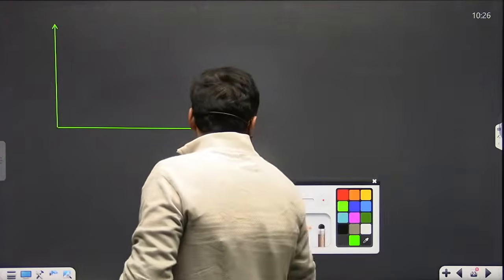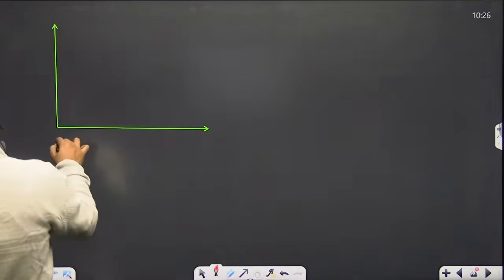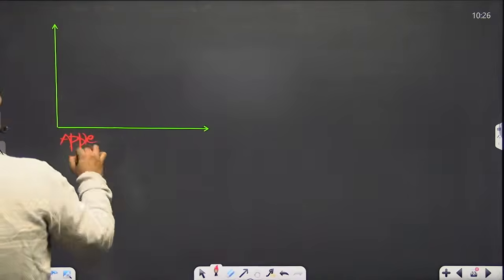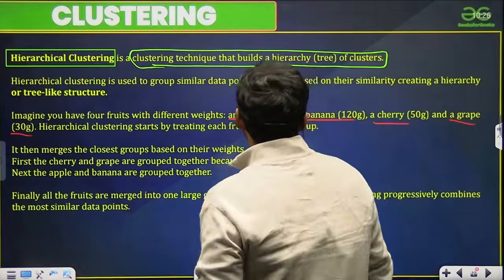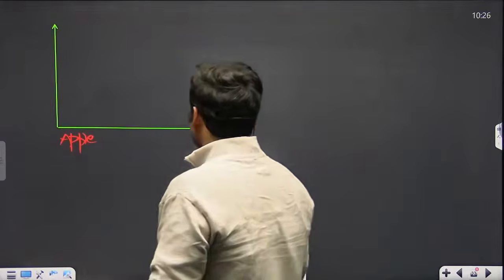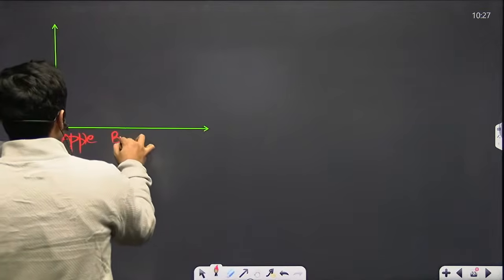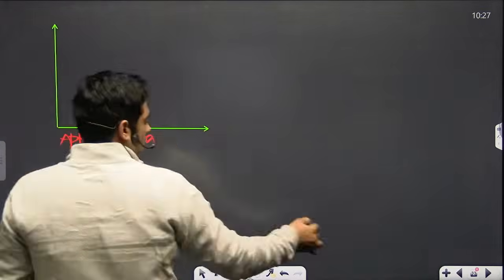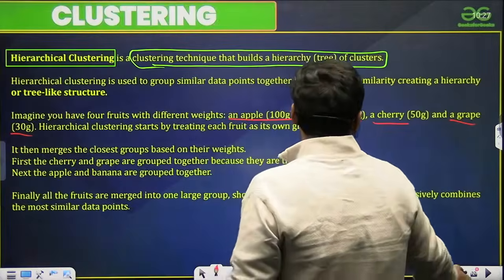Now for example I bought an apple, then I had a banana, then cherry and grape.